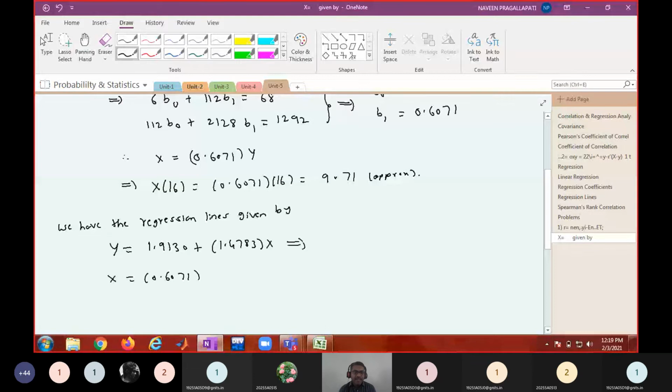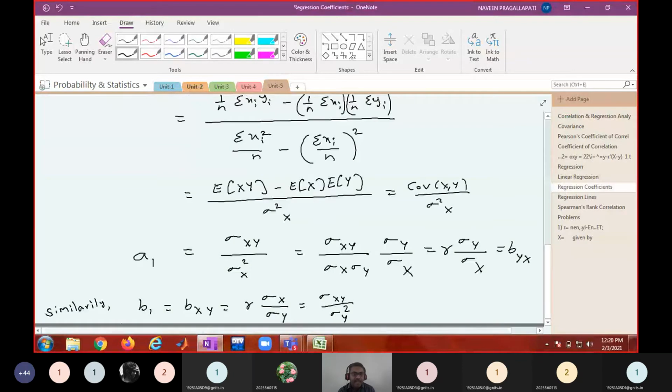So this implies that byx is 1.4783. And from this, what is bxy? 0.6071, because that is what we derived. a1 and b1 are the regression coefficients.